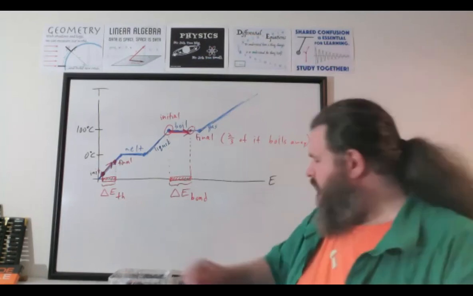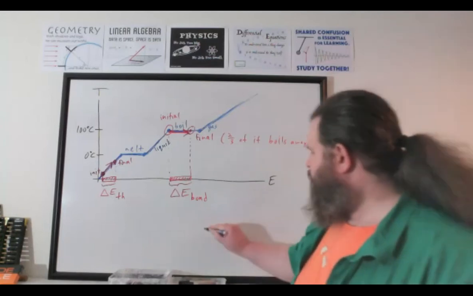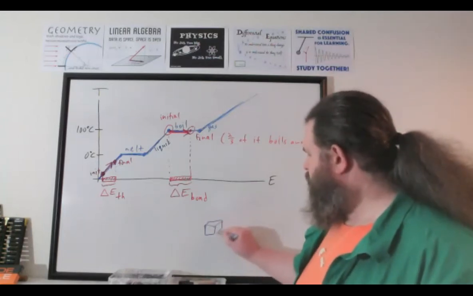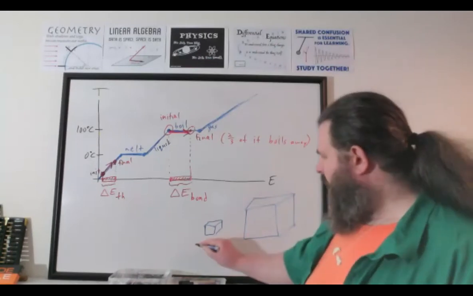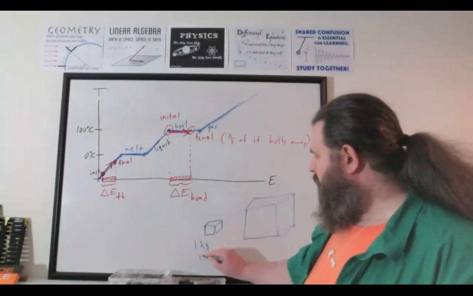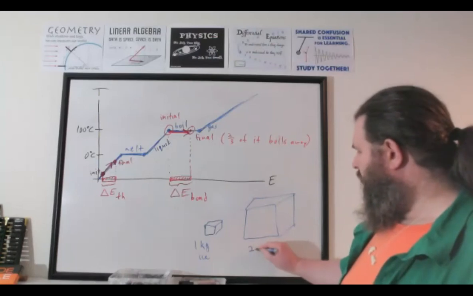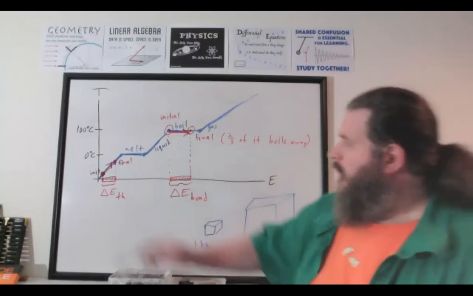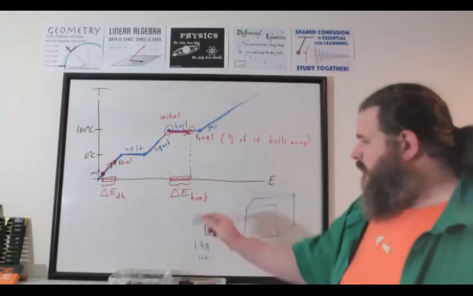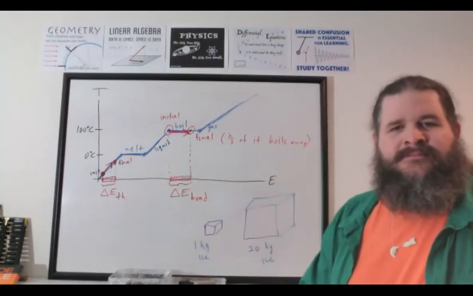For instance, if you have 2 blocks of ice, let's say a 1 kilogram block of ice and a 20 kilogram block of ice. Let's assume they're both already at the melting point. Which one is going to be more difficult to melt?